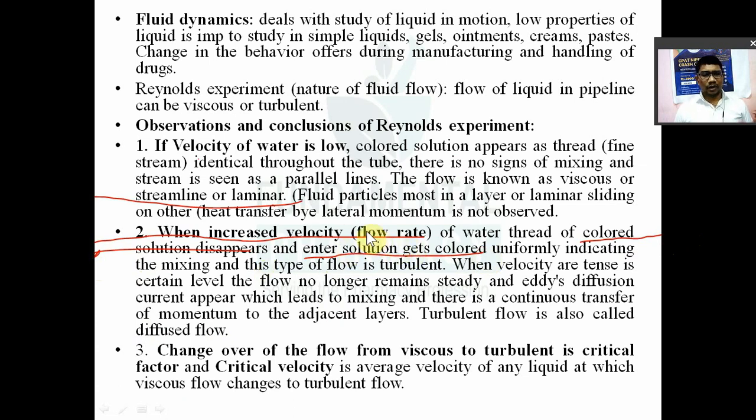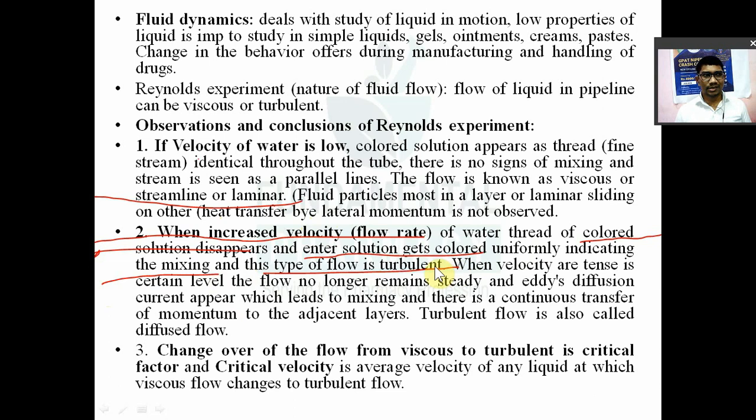At the higher velocity of water, the thread of colored solution disappears and the entire solution of water gets colored uniformly, indicating that there is a mixing, and this type of flow is turbulent.